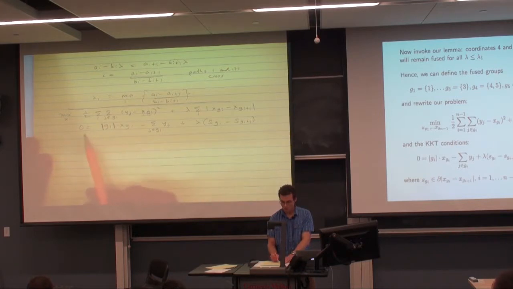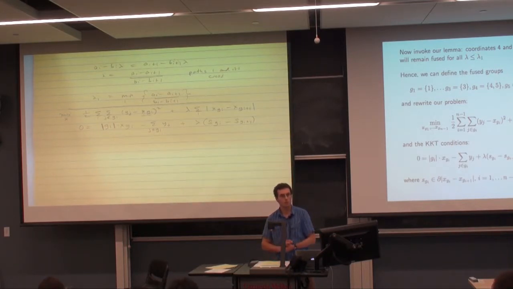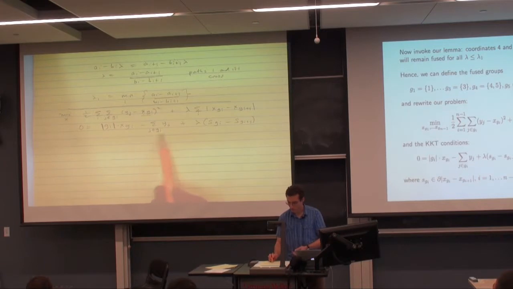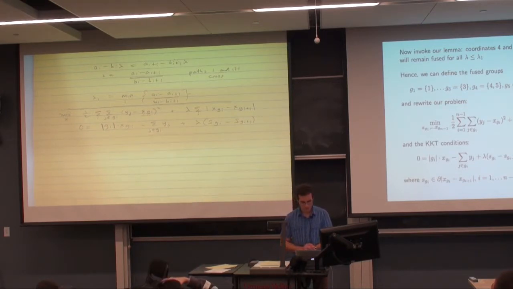So it's completely analogous to the case where each variable was its own group, except that we have the number of groups here and a sum over the elements of y over the elements of the group.